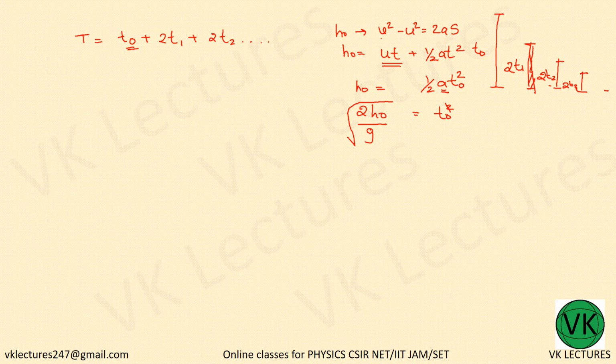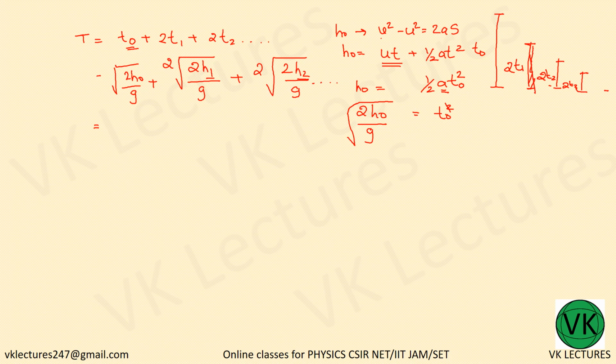Now similarly, 2 times t1 will be 2 into the root of 2 h1 divided by g, plus 2 under root 2 h2 divided by g, and so on. Here we can write it as root of 2 h naught by g plus. Now the next thing is to write h1, h2 in terms of the coefficient of restitution and h.